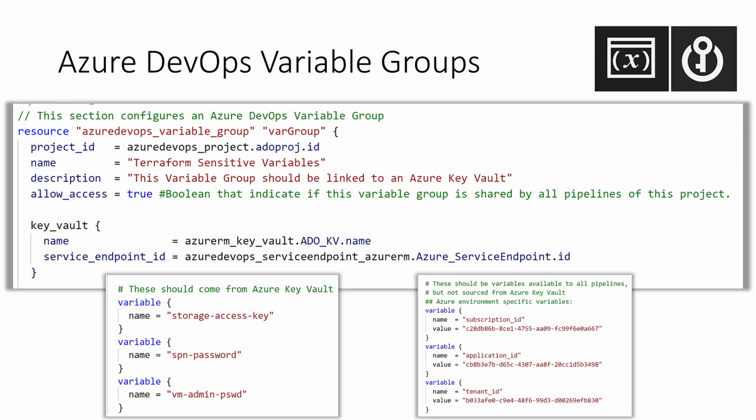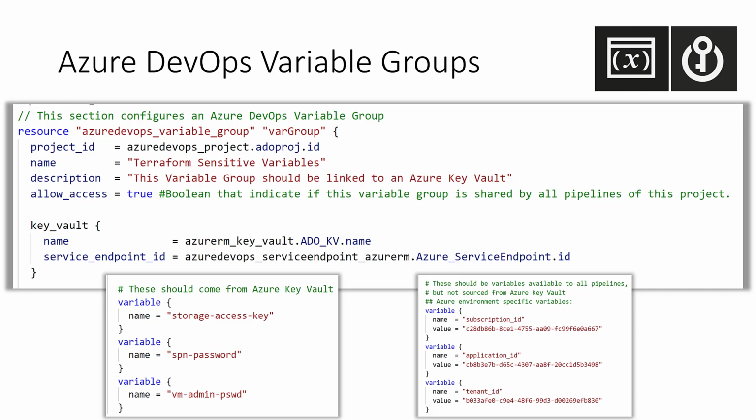That's the linkage to Key Vault. The other example in the bottom right is a separate variable group, but now I'm actually declaring the name and the value that goes into that variable itself.